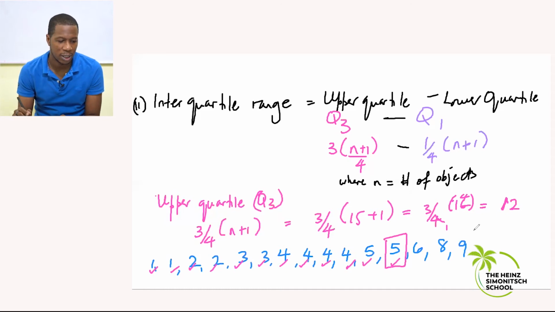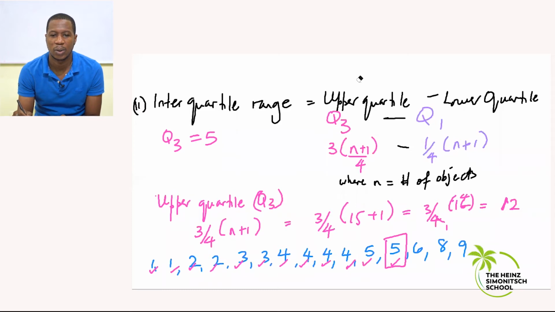So the upper quartile there, Q3, is equal to 5. Now we can find the lower quartile.